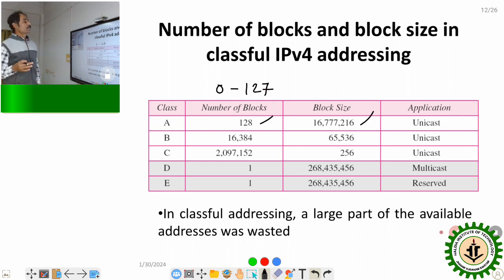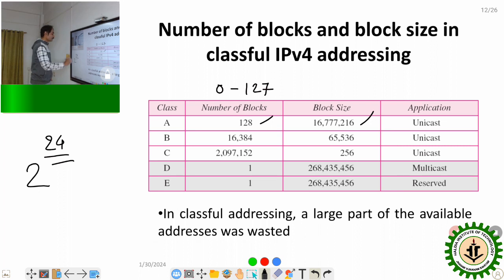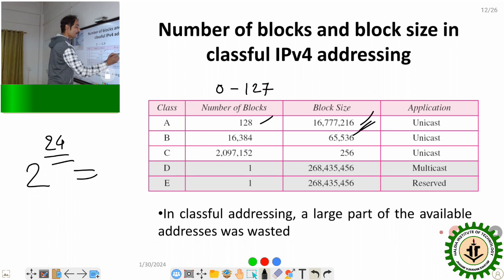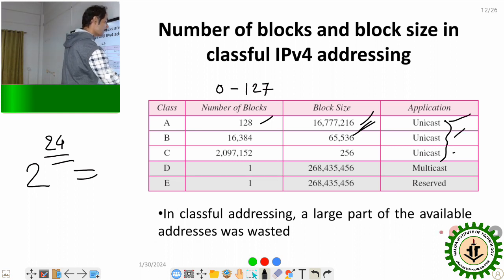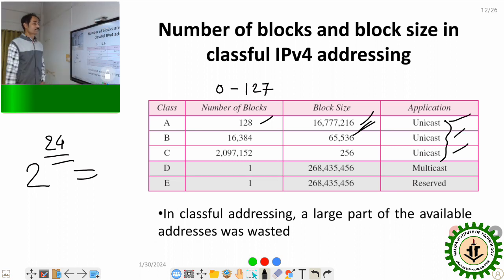As we know, there are 3 bytes responsible for representing the host, which means 24 bits. So how many addresses will there be? 2 to the power 24, and here is the equivalent number. This number of addresses is in each block. And what is the purpose of this? I have already told you: the first 3 classes are used for unicast, D is used for multicast, and E is reserved.